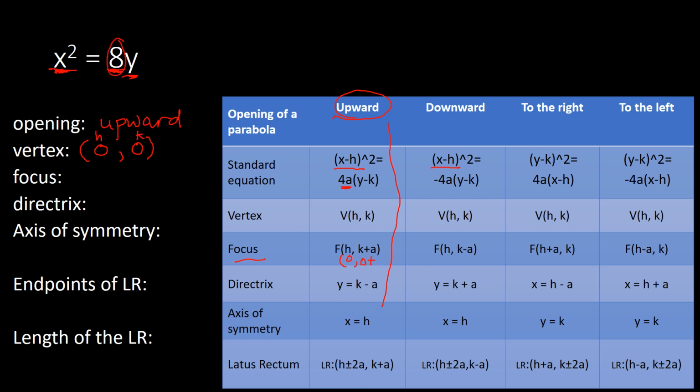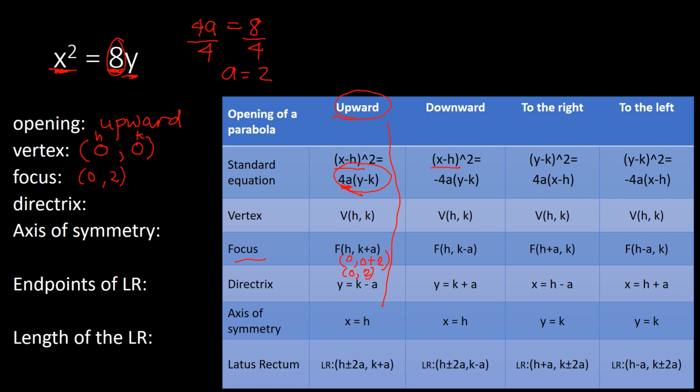Because if you look at our pattern on the standard equation, this is supposedly our 4a. Since that is 4a, which is equal to 8, all we have to do to identify a is divide that by 4. And so our a is 2. So going back, we have 0, and then 0 plus 2. Simplifying that, we've got 0, and then 0 plus 2, that is 2. So our focus there is (0, 2).